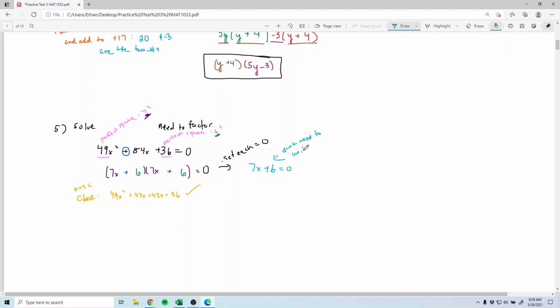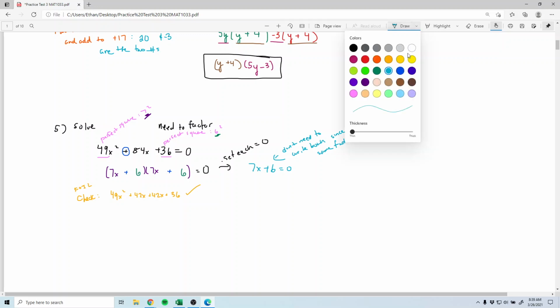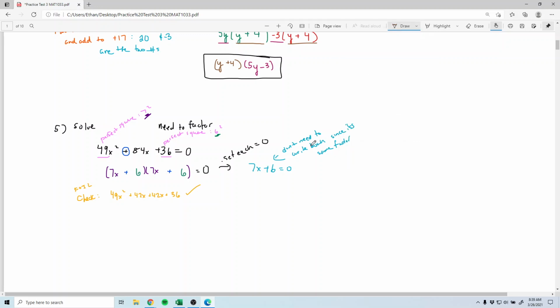We don't need to write both since it's the same factor. All right, so we just have to solve 7x plus 6 equals 0. To do that, we subtract 6 from each side, and we get 7x equals negative 6. And then we divide each side by 7, and we get x equals negative 6 over 7.